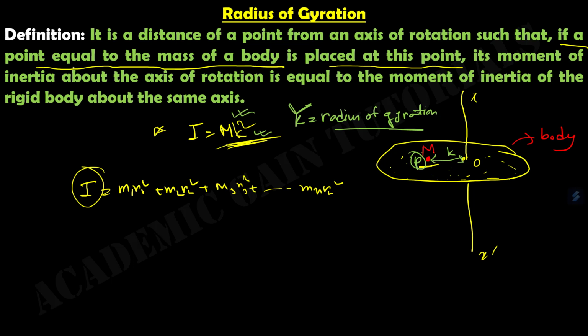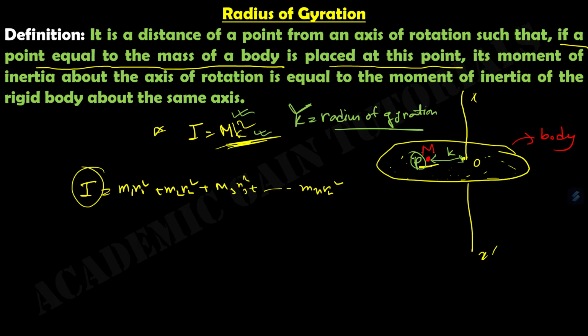If a point equal to the mass of a body, and we found point P where we can place the mass of the whole body, and its moment of inertia about the axis of rotation, the x prime axis, is equal to the moment of inertia of the rigid body.